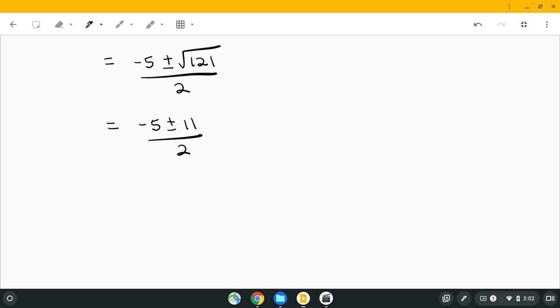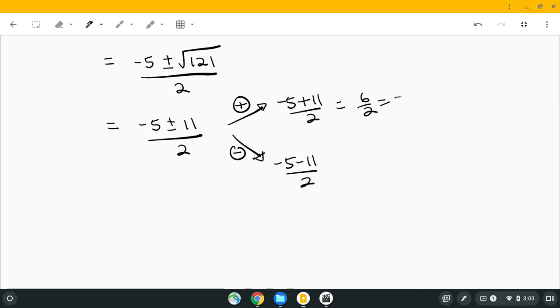We'll do addition, negative 5 plus 11, and then down here, we'll do subtraction, negative 5 minus 11. Over here, I get 6 divided by 2, which is 3. And here I get negative 16 divided by 2, which is negative 8.